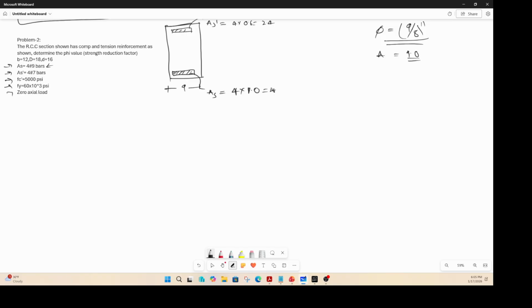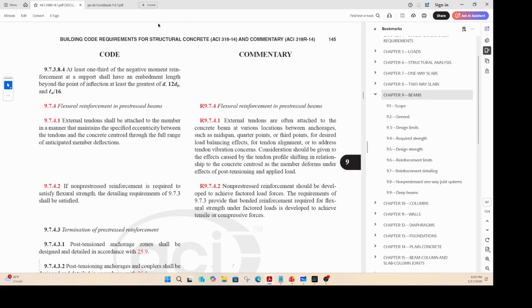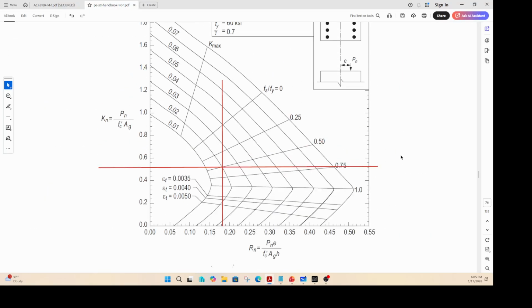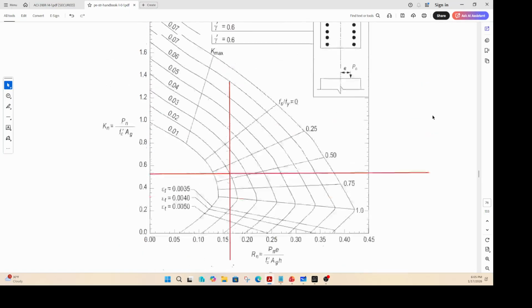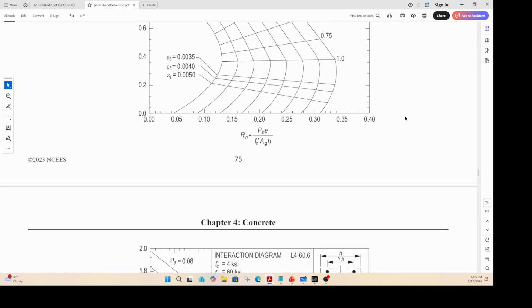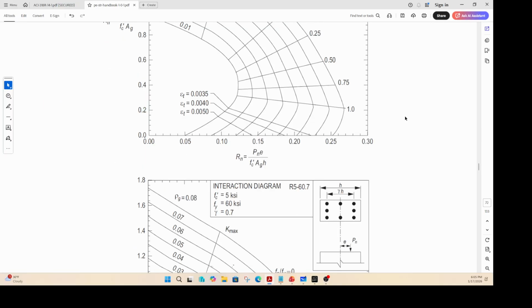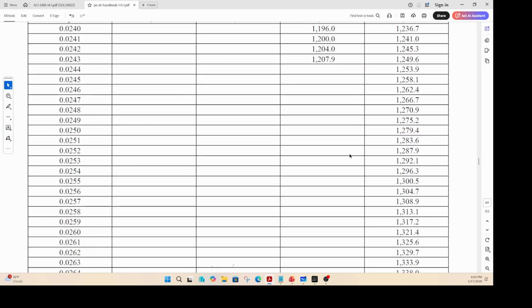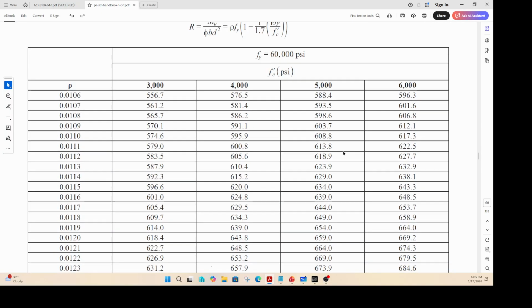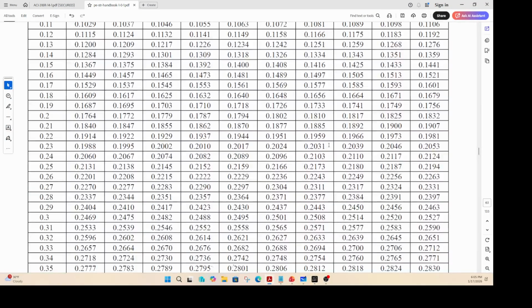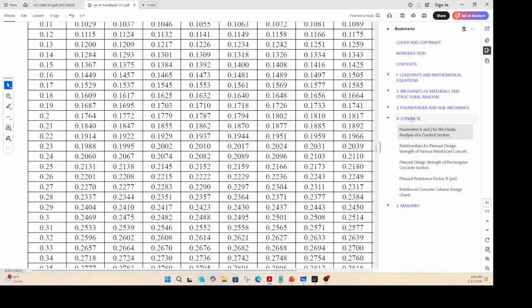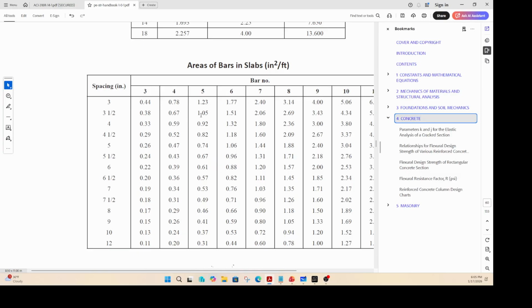Now if you look at your PE handbook here and go to the concrete section, let's go to the top. Again, you could have used bookmarks. Concrete. Okay, works.